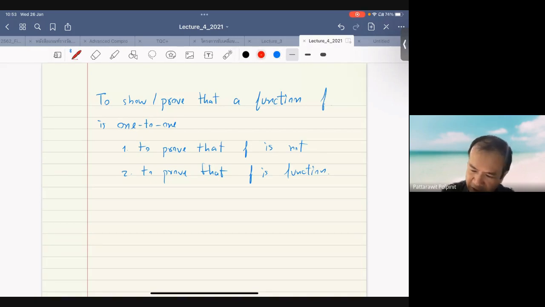To show that f is not one-to-one is easy. Showing that f is actually one-to-one is a little bit harder, because the definition says that for every member in the domain, set A, under function f, if it's one-to-one, which means that if f of x is equal to f of y, then x is equal to y.